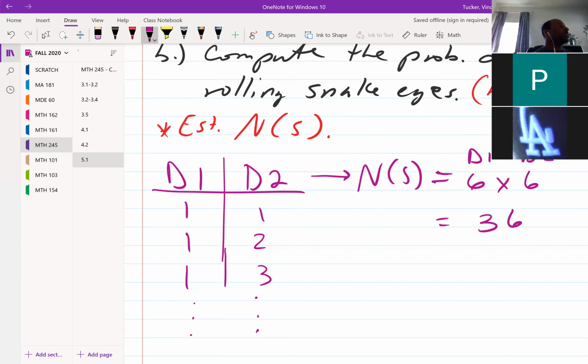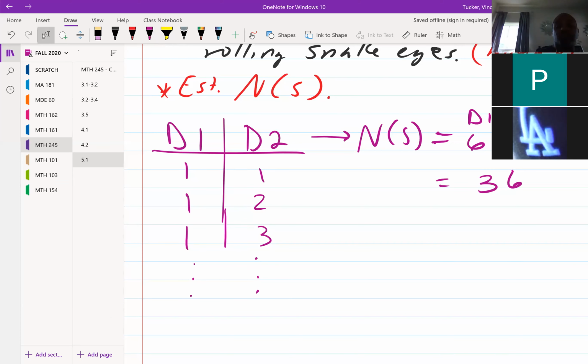So I can just multiply those together and get my 36 possible outcomes. If I was rolling a funky die with 8 possible outcomes on my second die, I would multiply them together and get 48. That's the way we can always do it: take the total number of outcomes on each, multiply them together, and that tells you all of the possible outcomes that can be created.